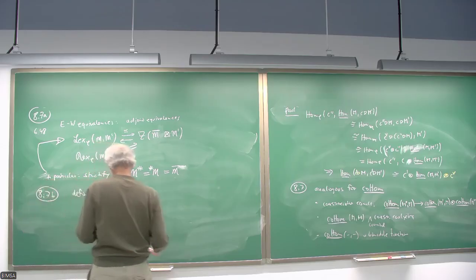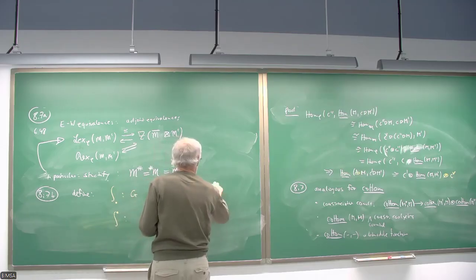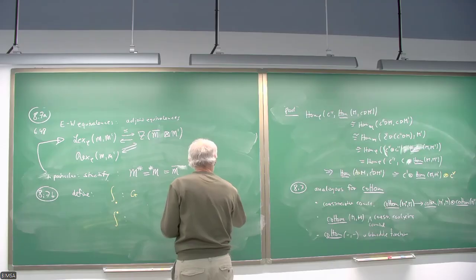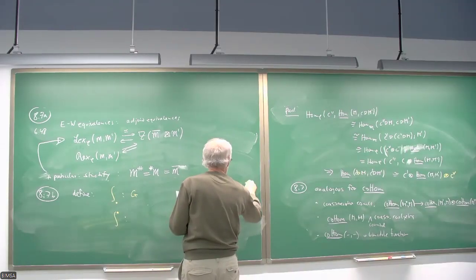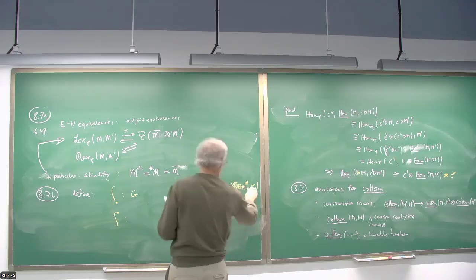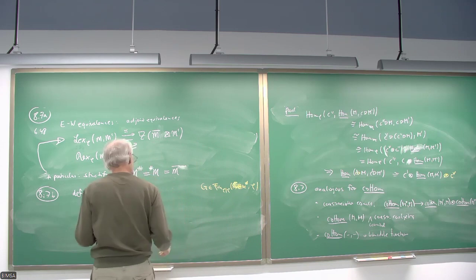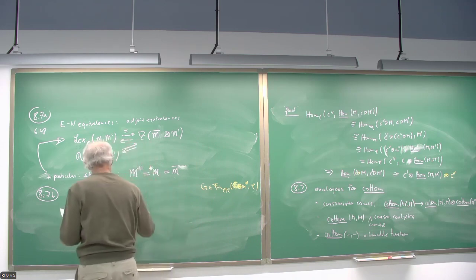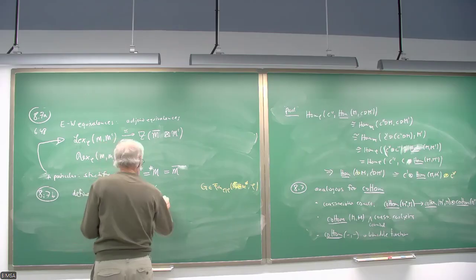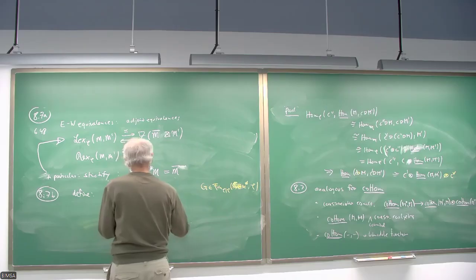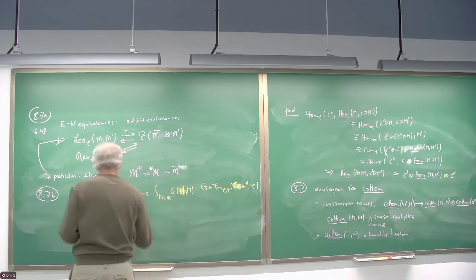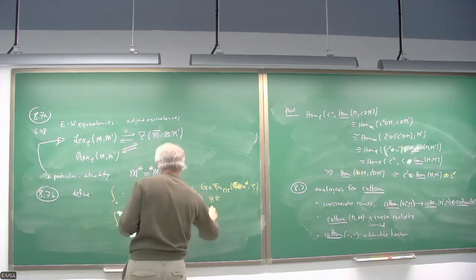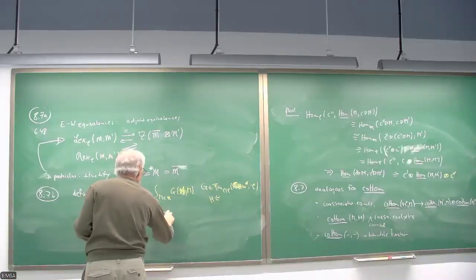We take an arbitrary functor, a bimodule functor from C as regular bimodule, and then we send M to the end over the module category of G of M and M. And analogously, if we have functor H here, we send it to the co-end.